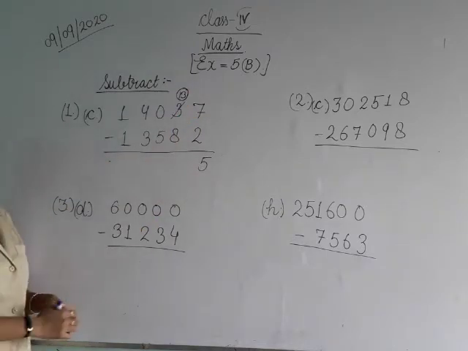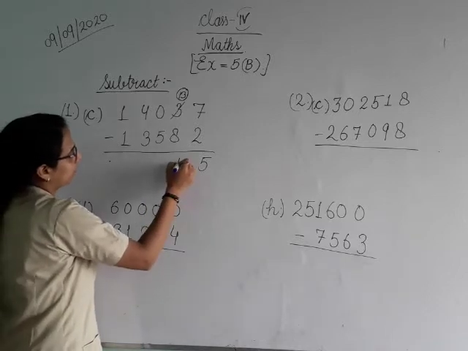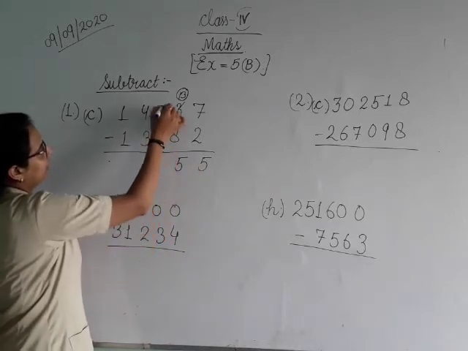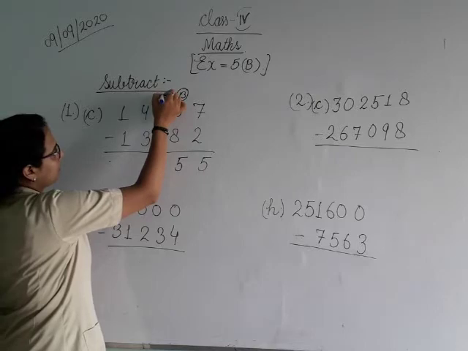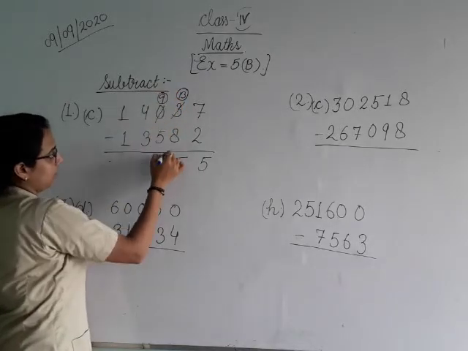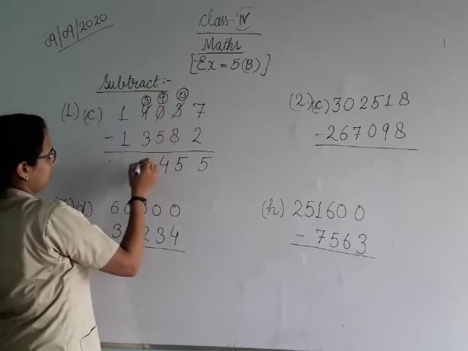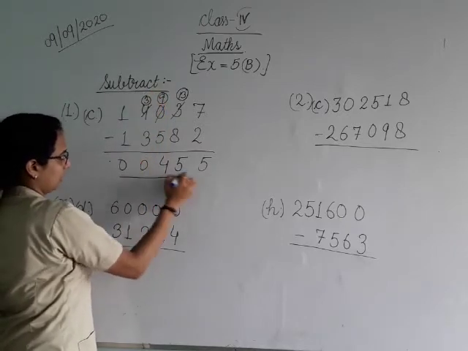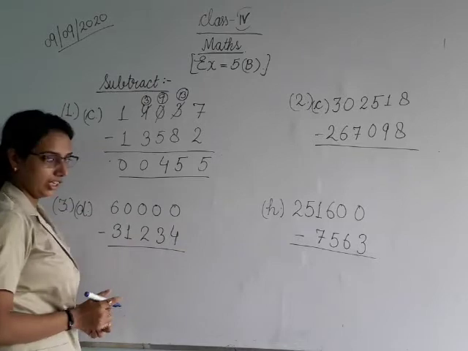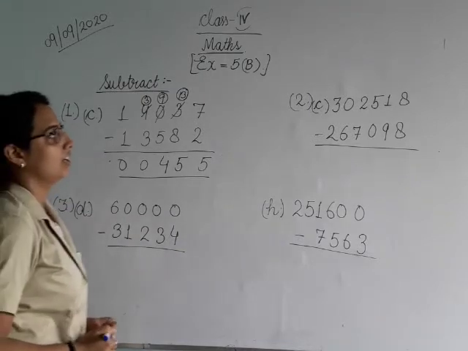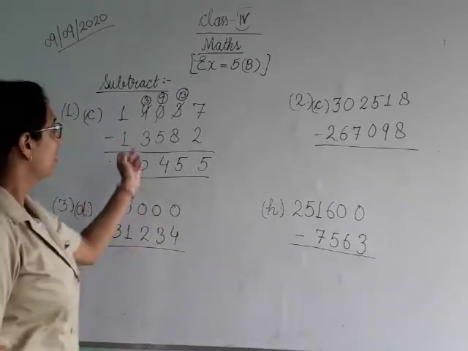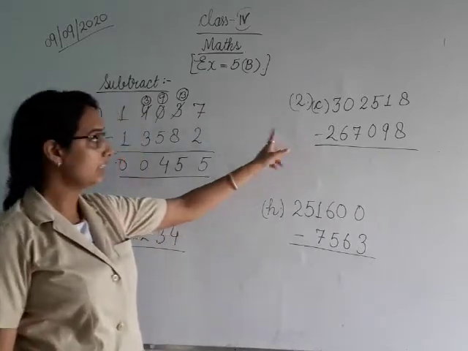Subtracting 8 from 13, 5 will come. Then here will be 9. Subtract 5 from 9, 4. Then here will be 3, and 3 minus 3, 0, and 0. So our answer is 455.